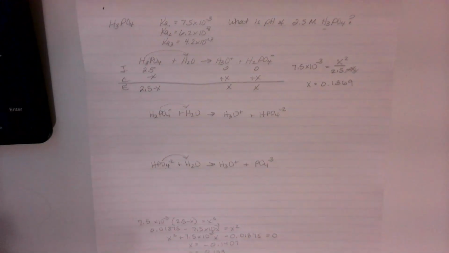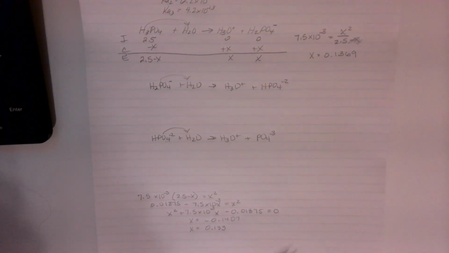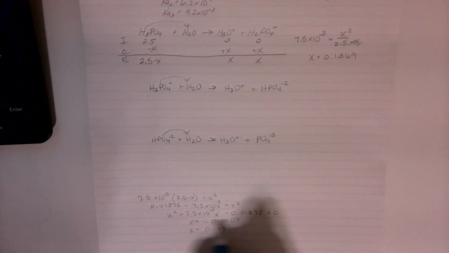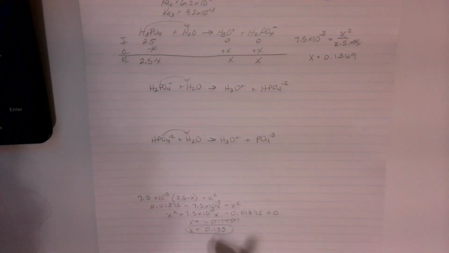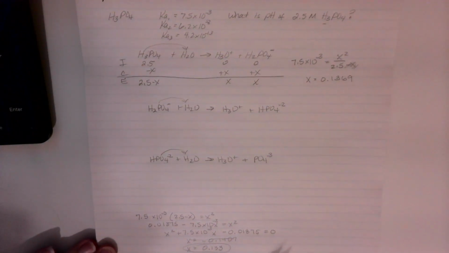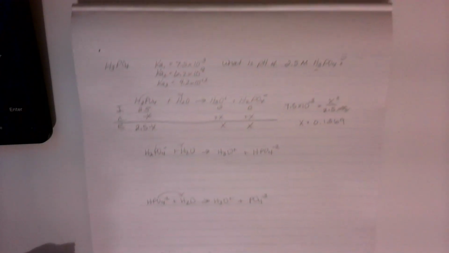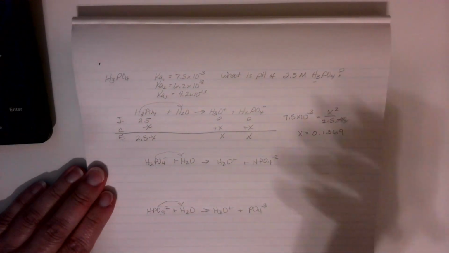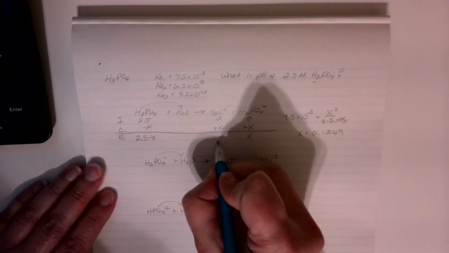Okay, so I got two values, one positive, one negative. It can't be the negative one, so this means that's my x. And it isn't a whole lot different than what I found if I didn't do the quadratic, so I probably would have been okay.